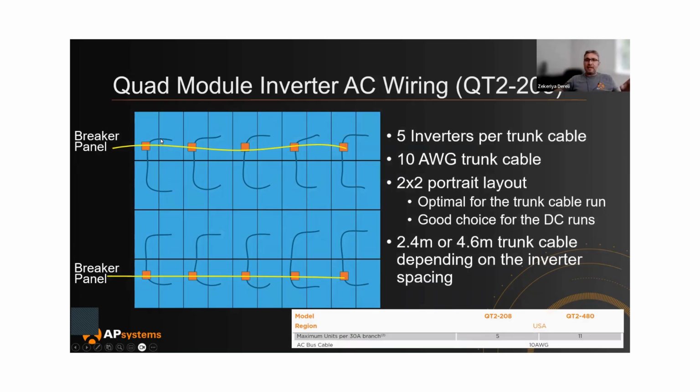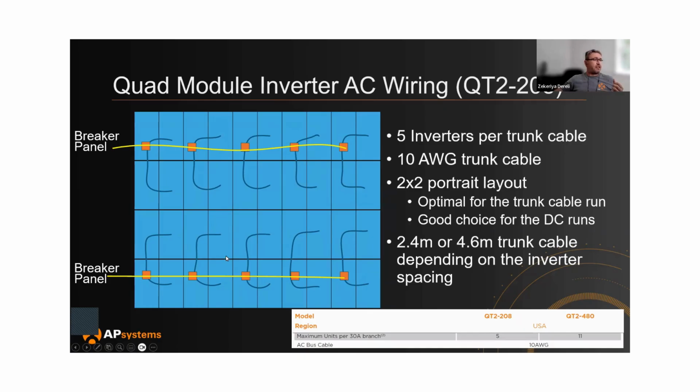So from the DC connectivity, it's pretty much optimized, and you get a very nice straight trunk cable. That's really optimal, I think, because you don't have to go up and down doing a zigzag. It's pretty much a straight line. So this would be my choice if I'm designing this.